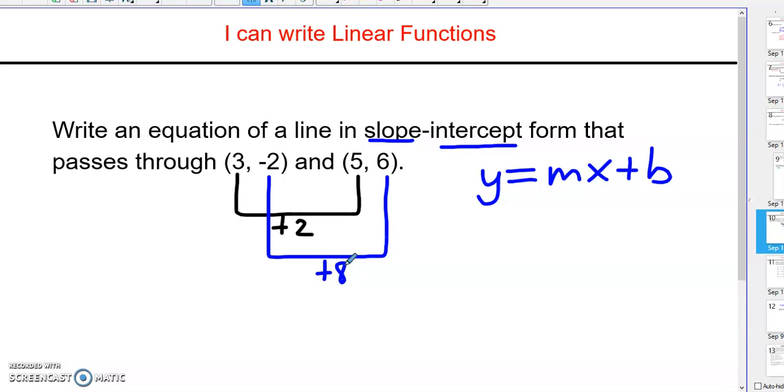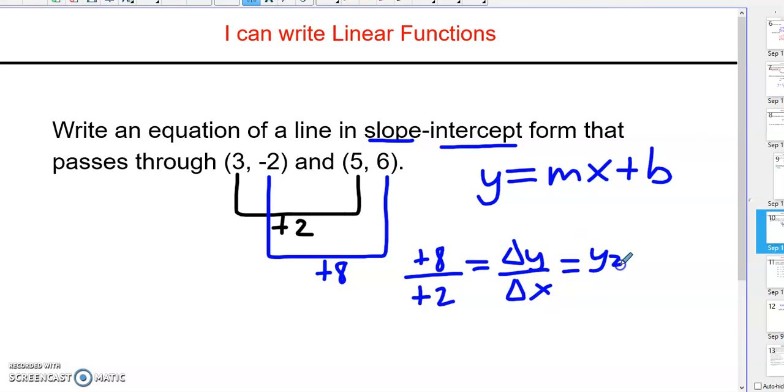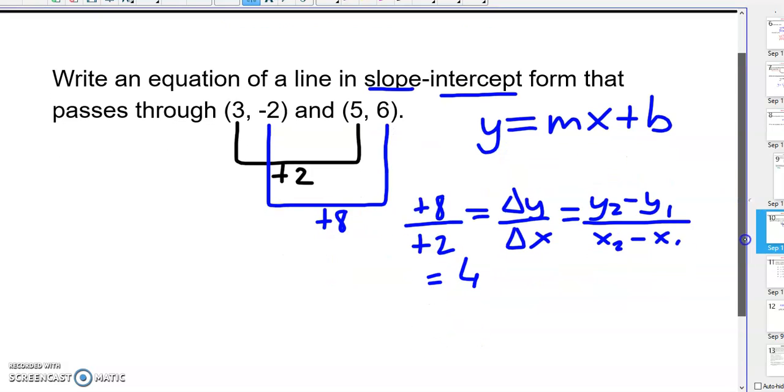So my change in y values is positive 8, and my change in x is equal to positive 2. So this is a change in y over a change in x. Or also, this is exactly the same as our formula, y2 minus y1 over x2 minus x1. So you can use that also. So this is equal to 4. So that is my slope here.